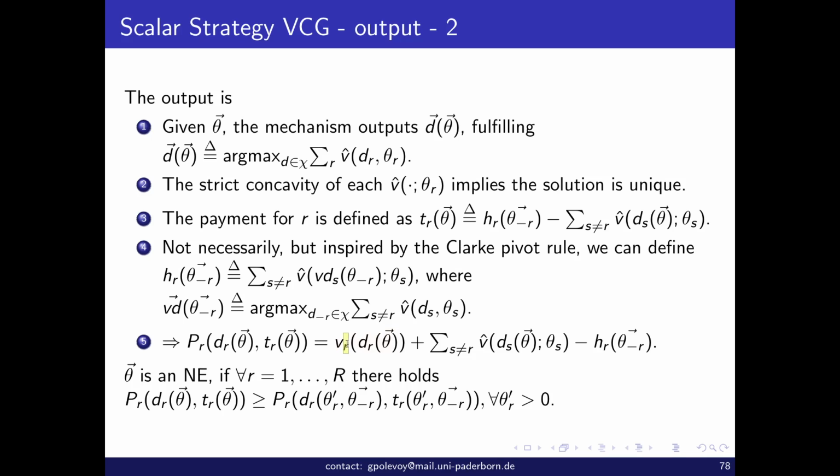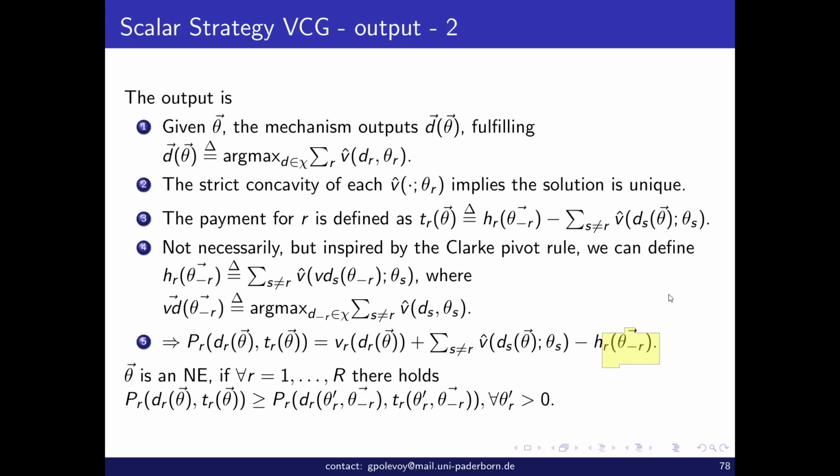So the value of the agent, not necessarily the head, minus what the agent pays, which means plus what the other agents say they derive, minus this H. And a theta vector is a Nash equilibrium if for any agent there is no deviation which strictly improves what the agent gets.